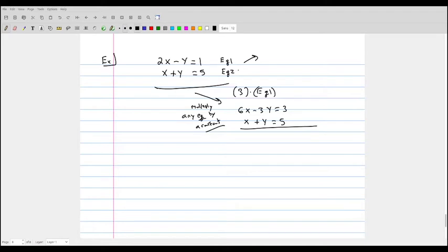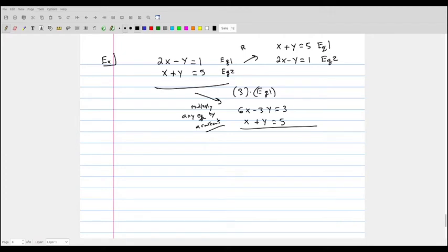The other thing I can do is switch equation 1 with equation 2. I can relabel: say equation 1 is x plus y equals 5, and equation 2 is 2x minus y is equal to 1.